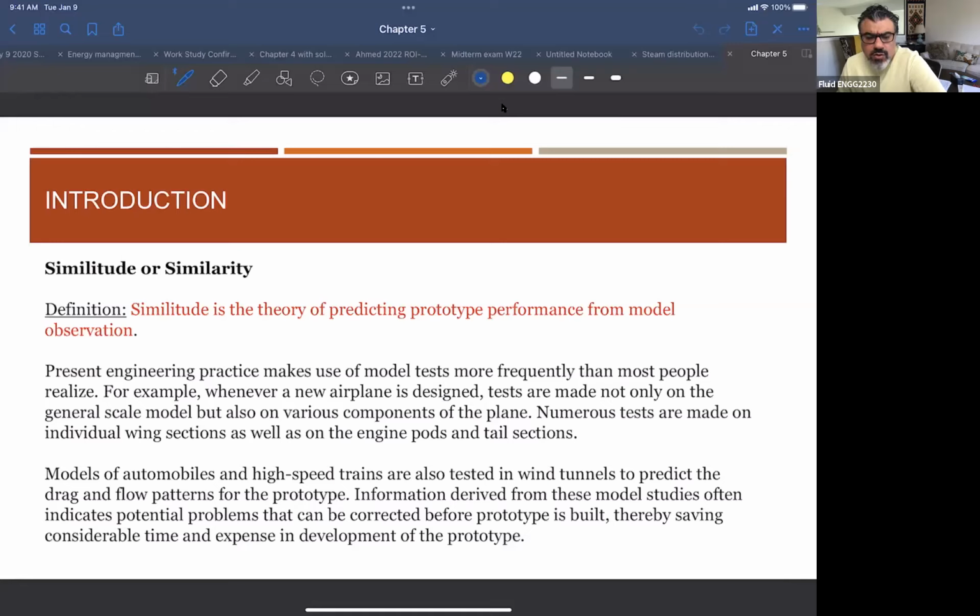Okay, or automotive, we're building the automobile, or a train, for example, we build a scaled model and test this model in the lab, and we apply so many conditions just to make sure that before we design the full scale prototype, we tested it in the lab.